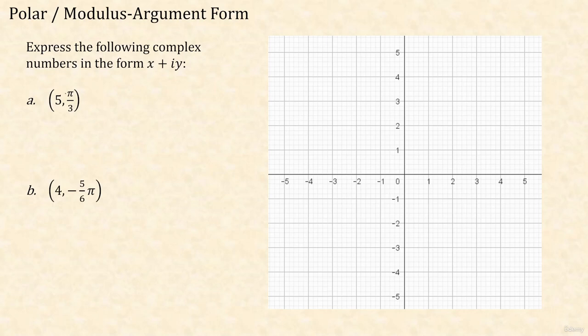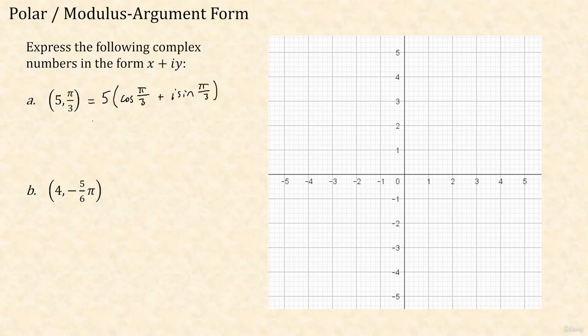So here we've got numbers expressed in polar form, or modulus argument form, and we want to convert them into x plus iy. So we do that by saying, well, what's this the same as? This is the same as 5 cos of the argument plus i sine of the argument.